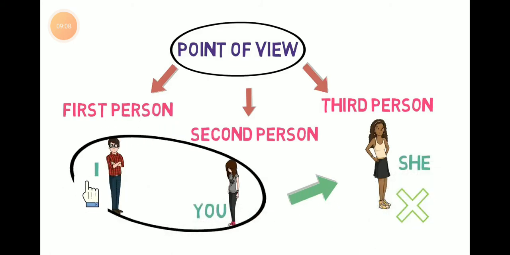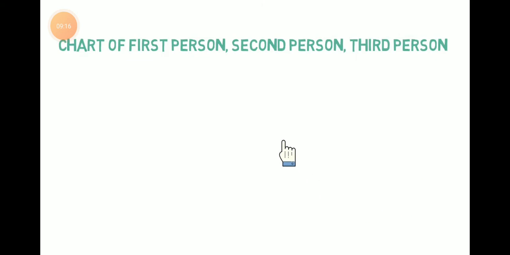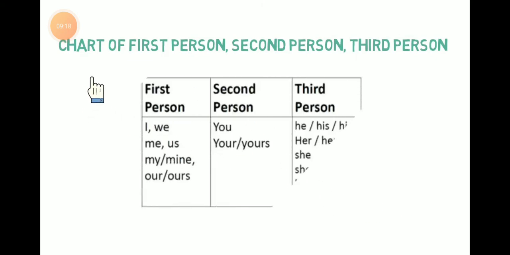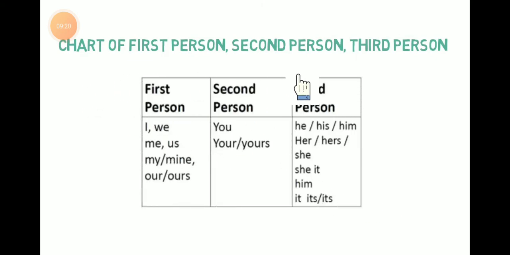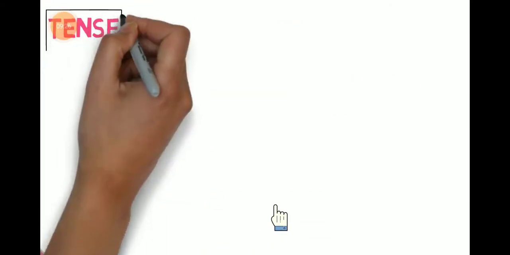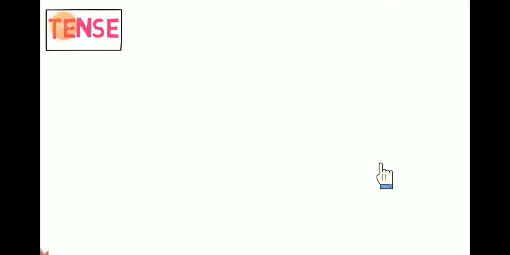The first person is always used in the sense of I, second you, and third person he, she, it, they. Understood? So here we have one chart of first person, second person, third person. Students, quickly revise: in the first person you will get I, we, in the second person you will get you, and in the third person you will get he, she, it, they, etc.